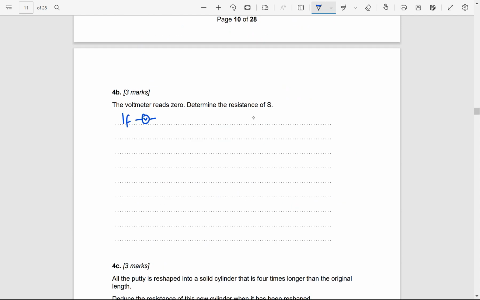So if V equals 0, then the voltage across P must equal the voltage across Q.